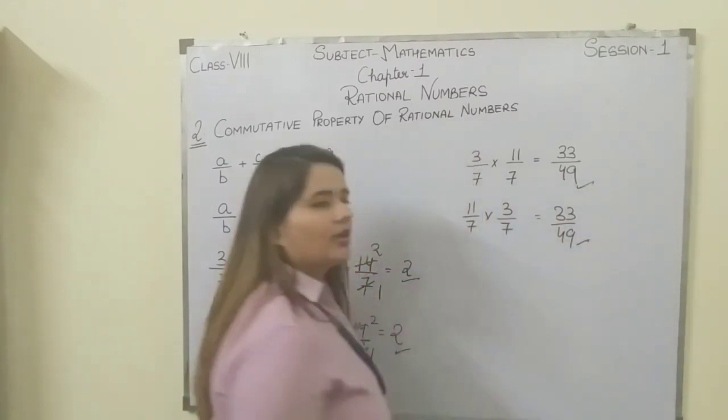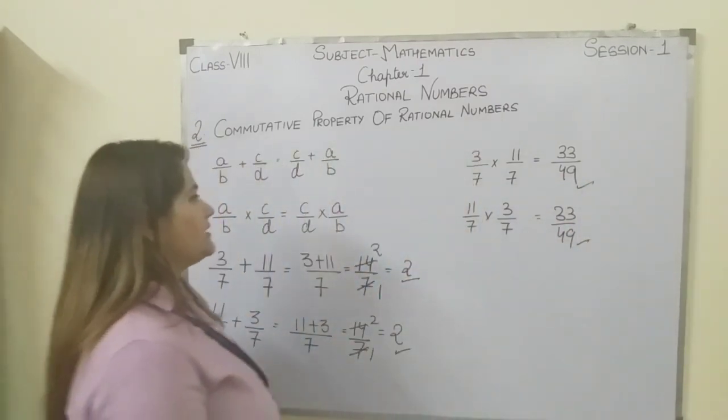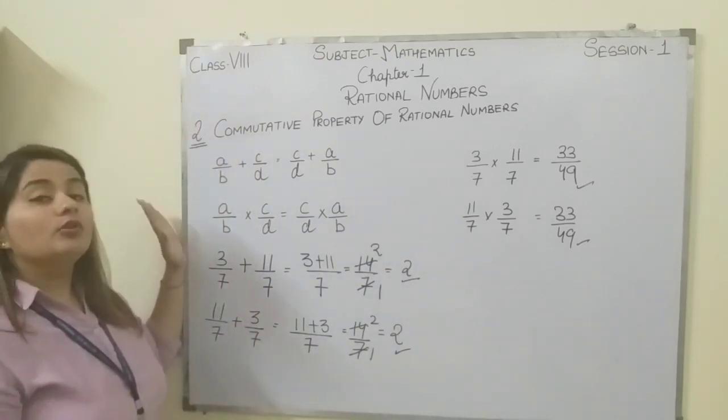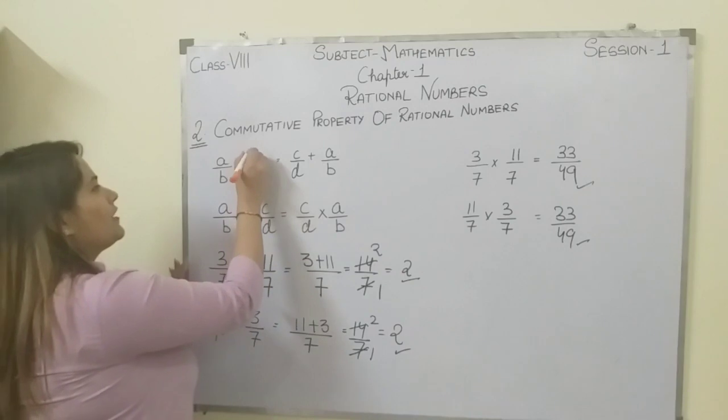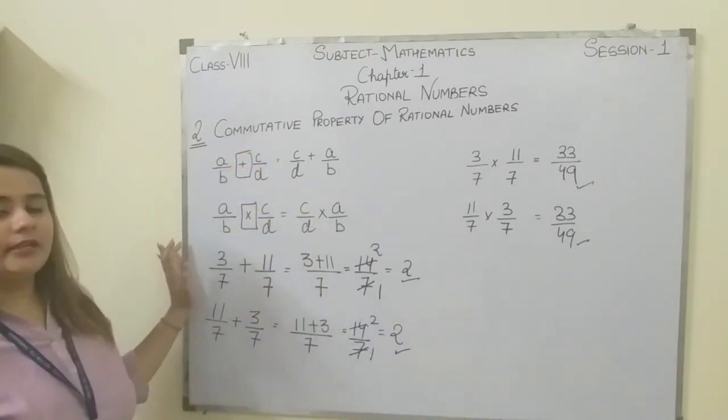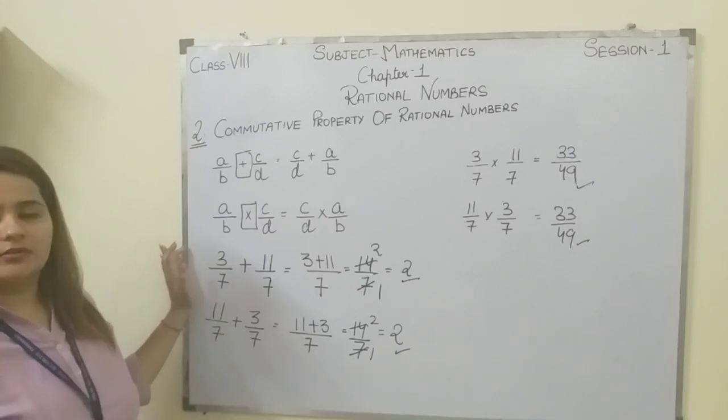So these are the same. So we can say that the commutative property of a rational number holds true only in the case of addition and multiplication, but not in the case of subtraction and division.